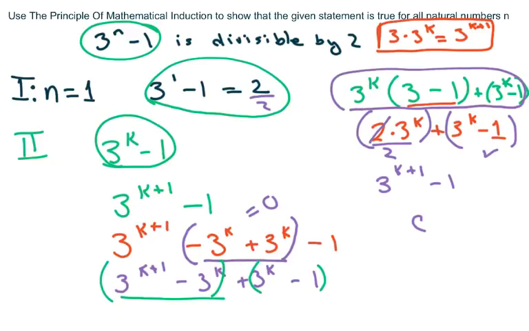So condition 1 and condition 2 hold, and so that means that the given statement is true for all natural numbers n. Just remember we did this little trick here. It's a little trick to help solve these, and if you know that and you also know this part, it makes it easier.